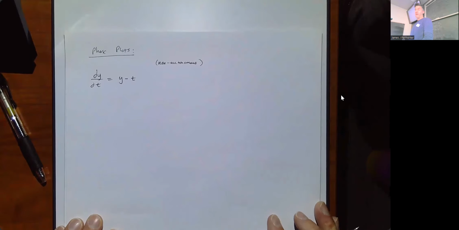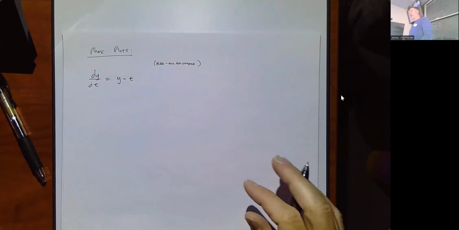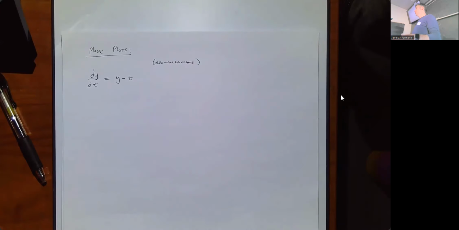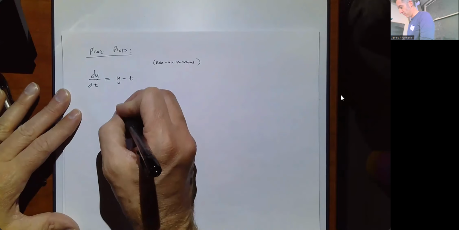I will mention here, we can't really draw the thing that we did before, because unlike the previous one, this is not just a function of y. So we can't do y prime on the vertical axis and y on the horizontal axis. But we can draw this phase plot, which we'll do once, and you'll all see how terrible it is. Let's talk about how you draw this.